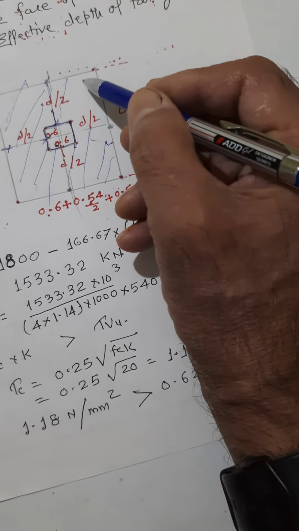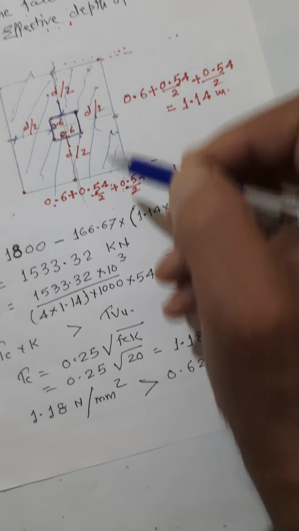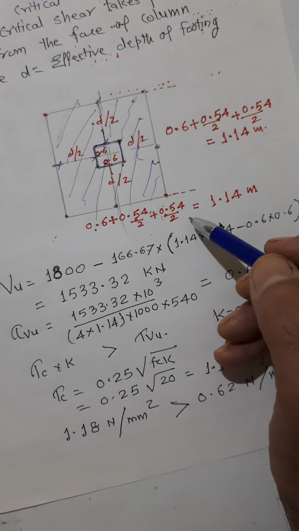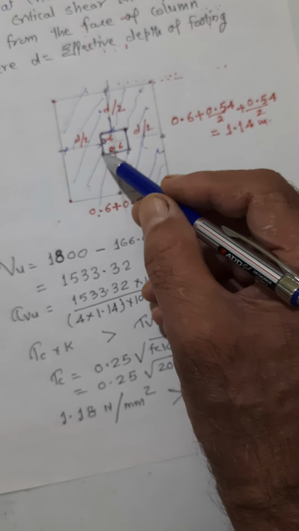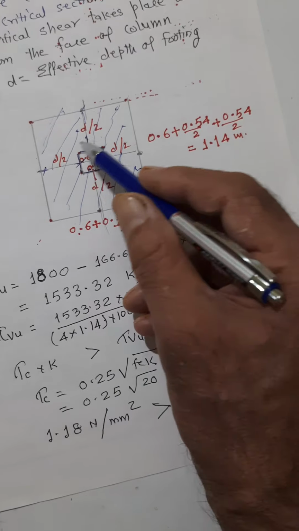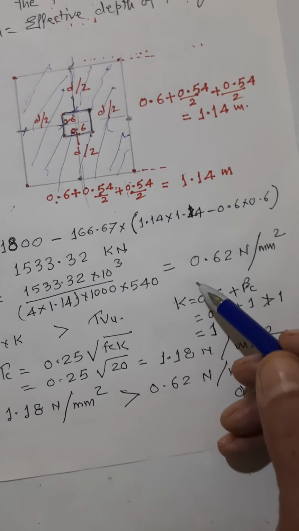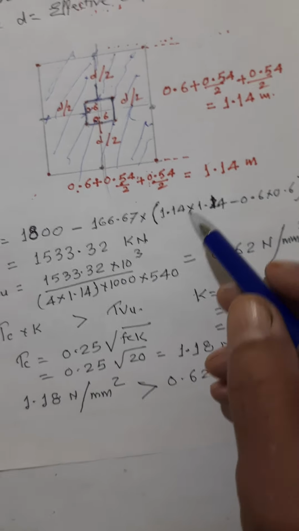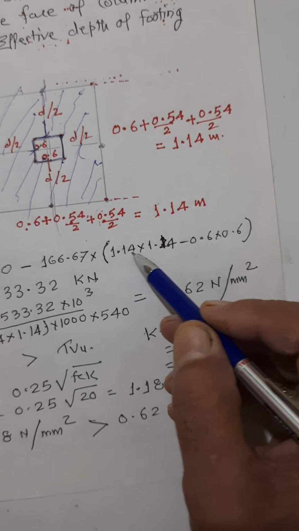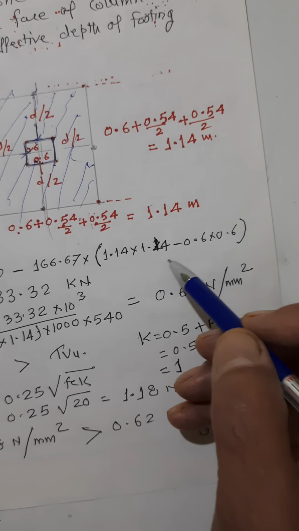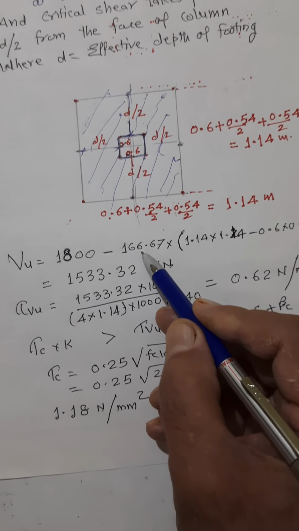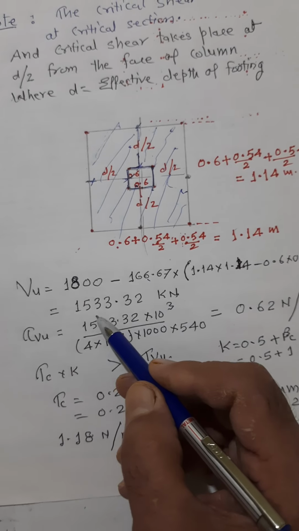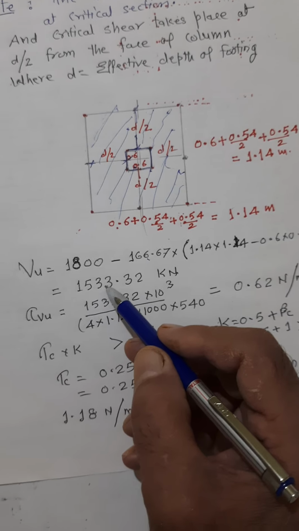So how can this be calculated? 1.14 into 1.14 minus 0.6 into 0.6. This is to be subtracted. Exactly the same thing has been carried out over here: 1.14 into 1.14 minus 0.6 into 0.6 multiplied by the upward pressure. This will give the value of Vu in kilonewton.